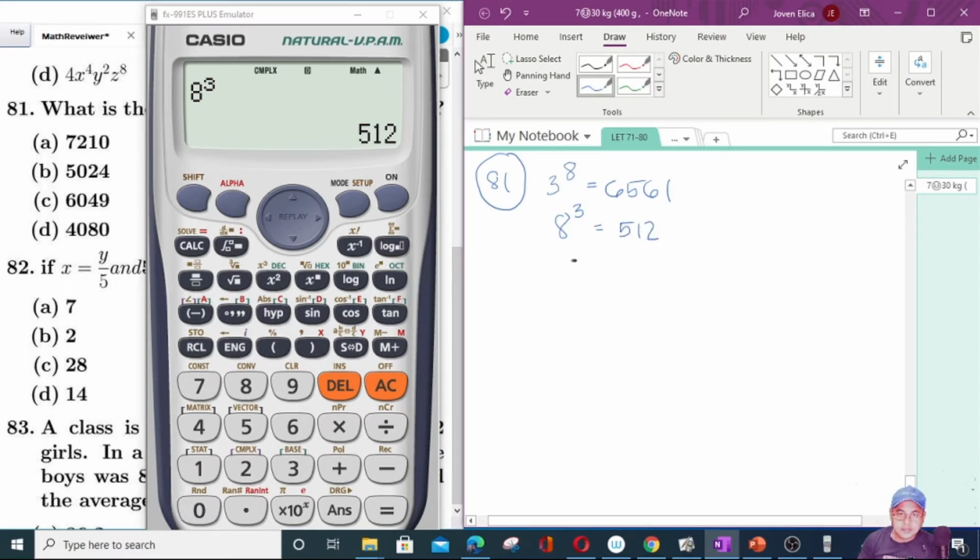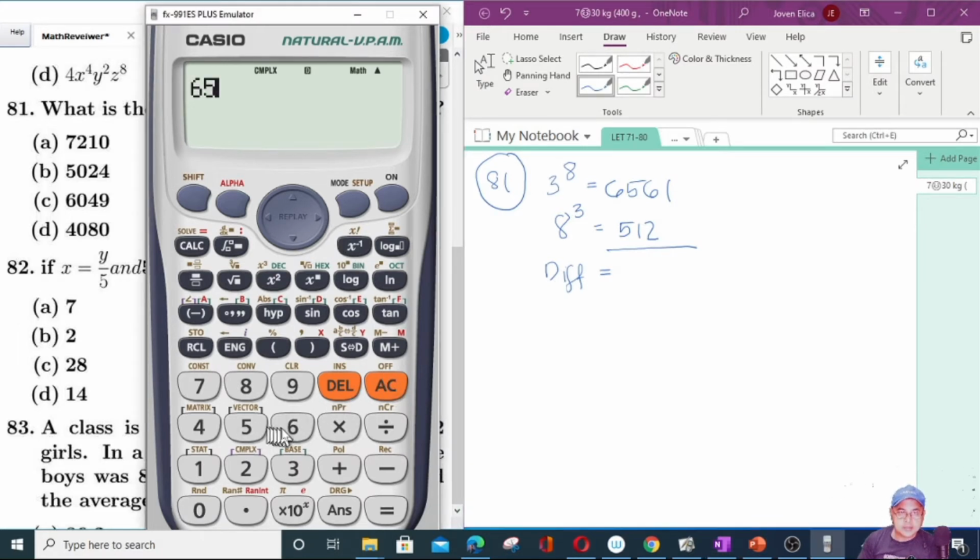So just get the difference. The difference is equal to 6561 minus 512.